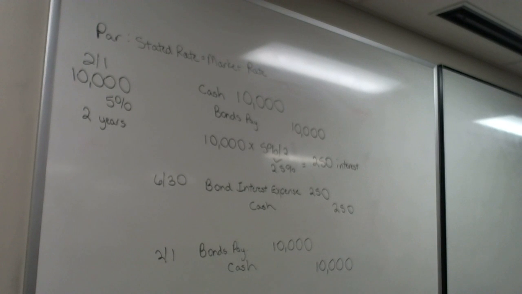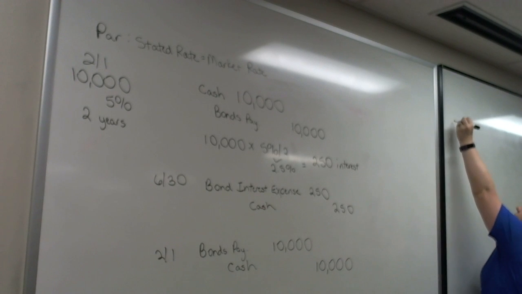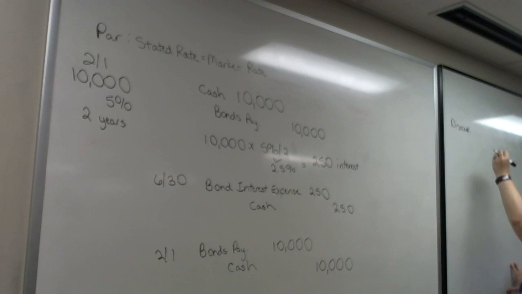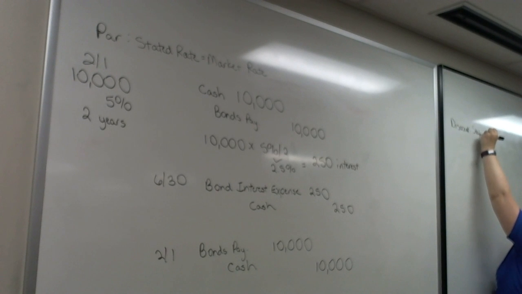Let's talk about discount then. Okay. So we discount a bond when our stated interest rate is less than the market rate.